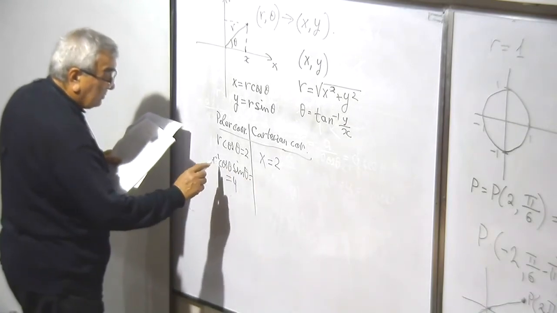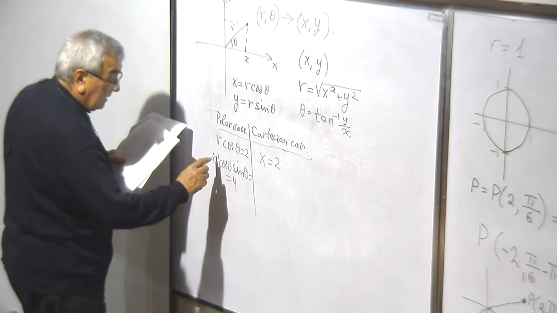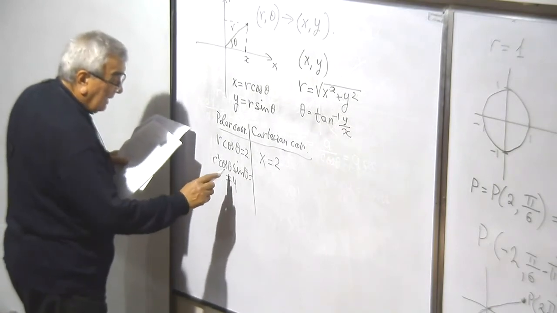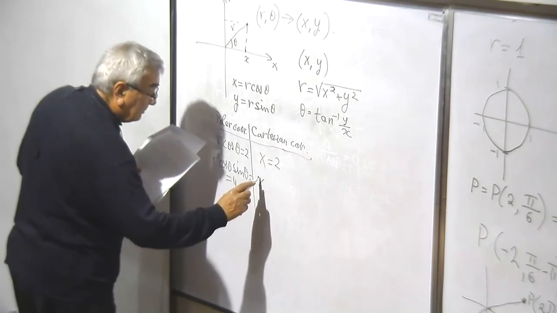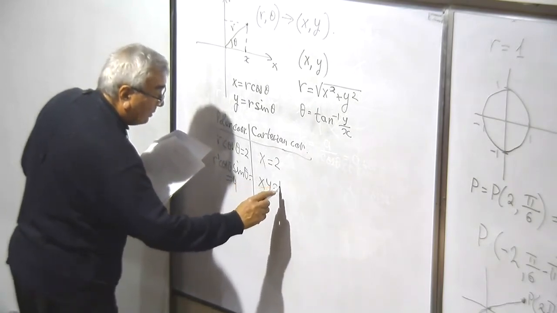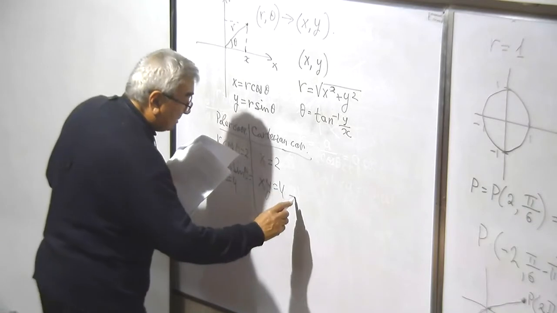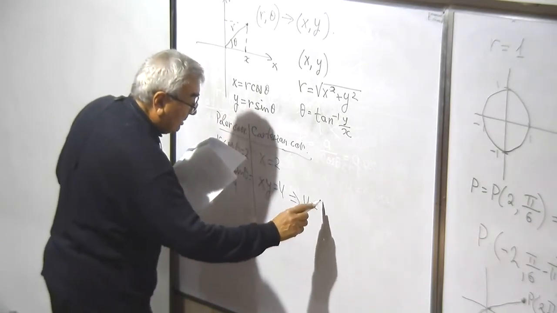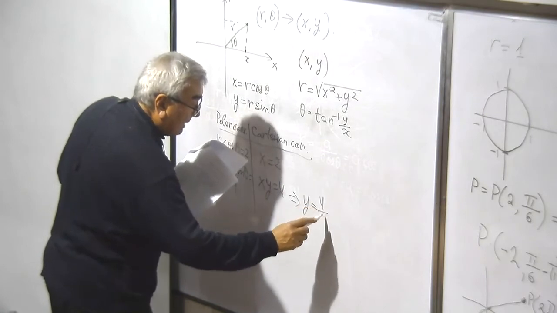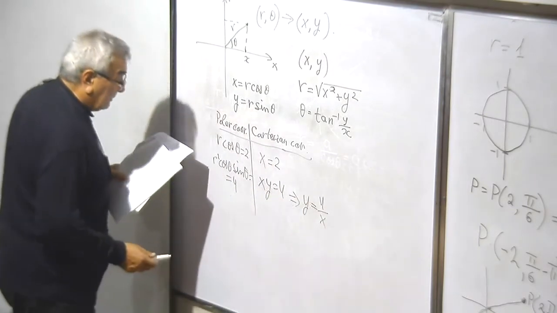That means xy, since r cos theta gives us x and r sine theta will give us y. That means xy equal to 4. That means this will be the following graph. That means y equals 4 divided by x. That means it defines a hyperbola.